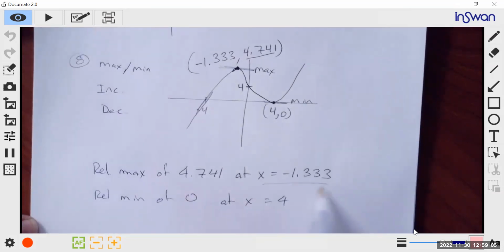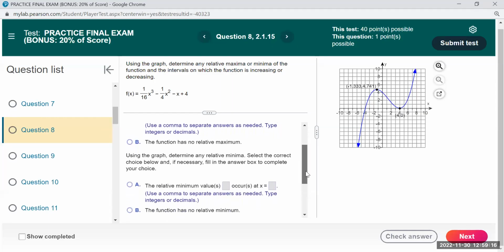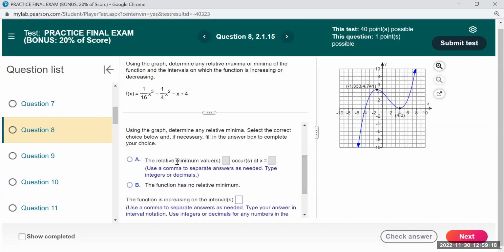And they occur at those x values. See, that's what I ask you here. The relative maximum value occurs at x equals. So it wants the y values in there and the x values here.